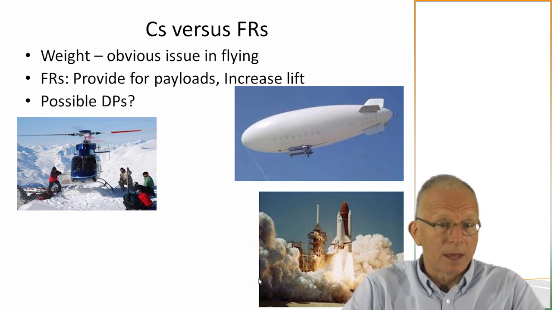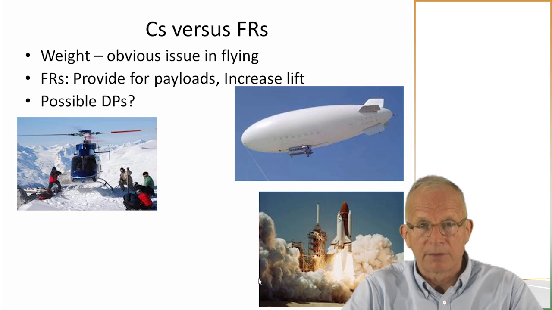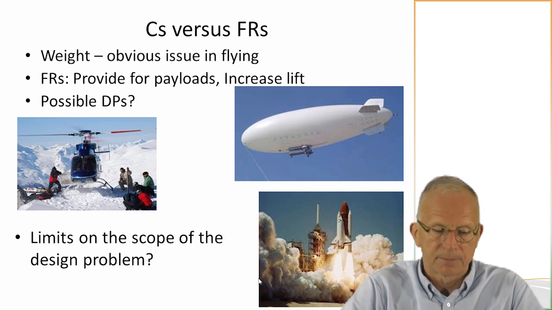Or it could be that the engine is already chosen for the helicopter, or the size is already fixed for the blimp, or the engine's already chosen for the rocket. In this case, the weight would be a constraint.